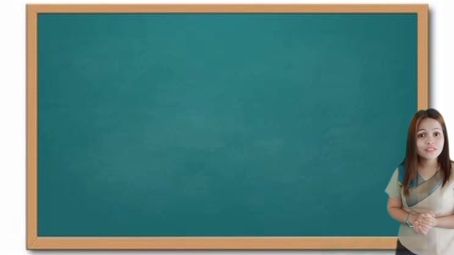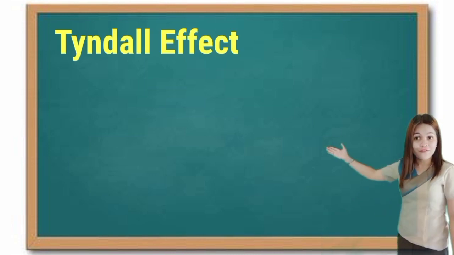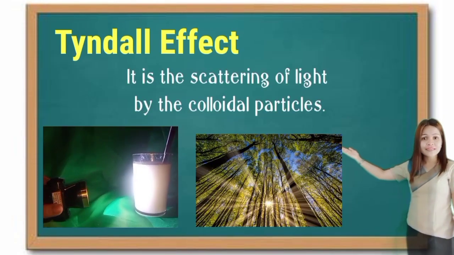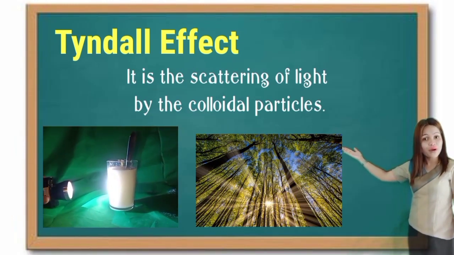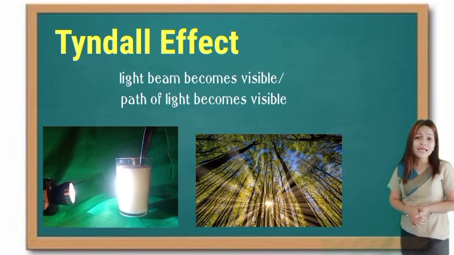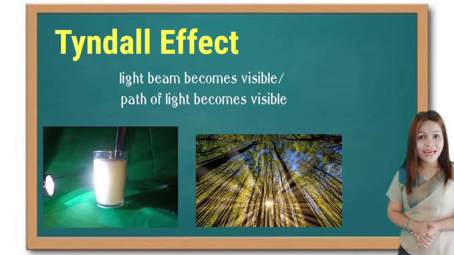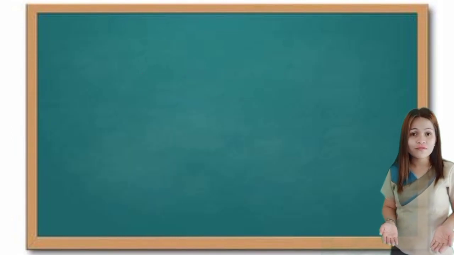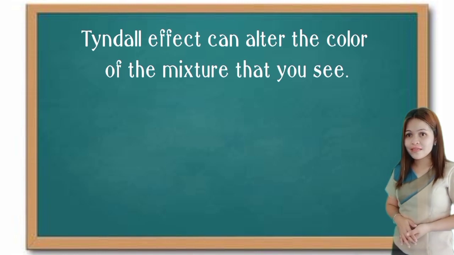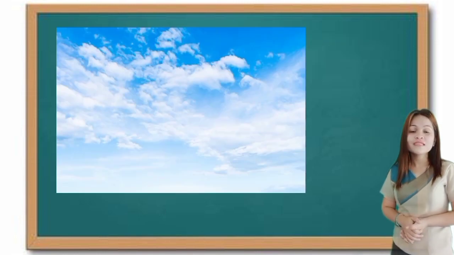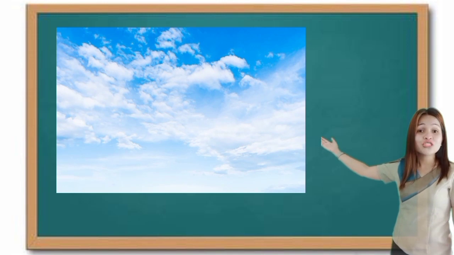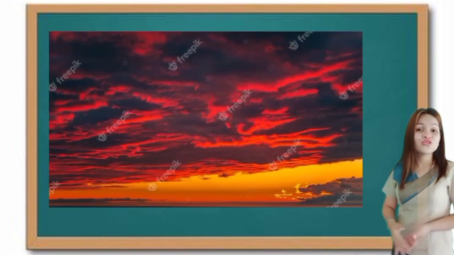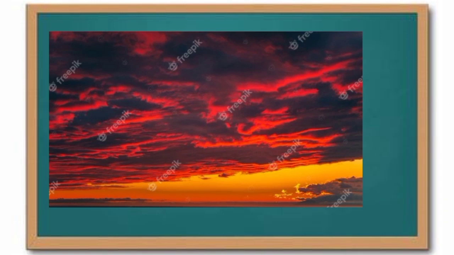What you observed is called the Tyndall effect. The Tyndall effect is the scattering of light by the colloidal particles. Sometimes, the Tyndall effect can alter the color of the mixture that you see. A good example is the sky that looks blue in daytime but changes to red during sunset.